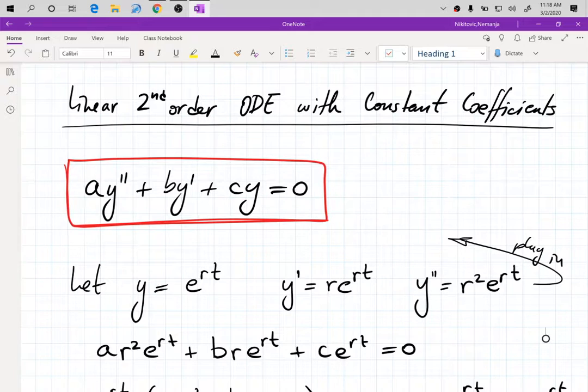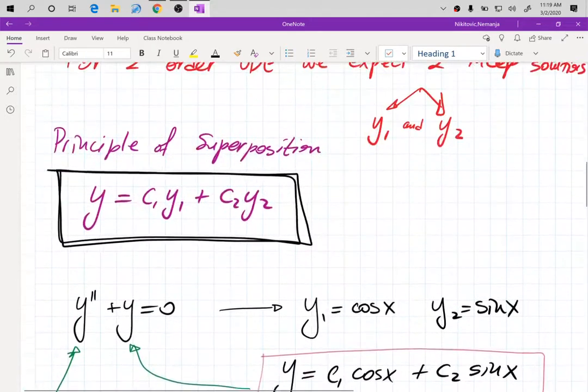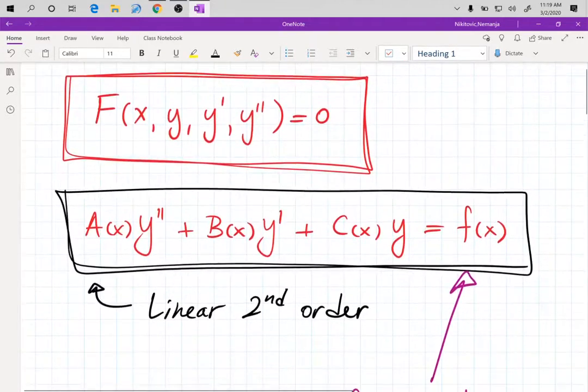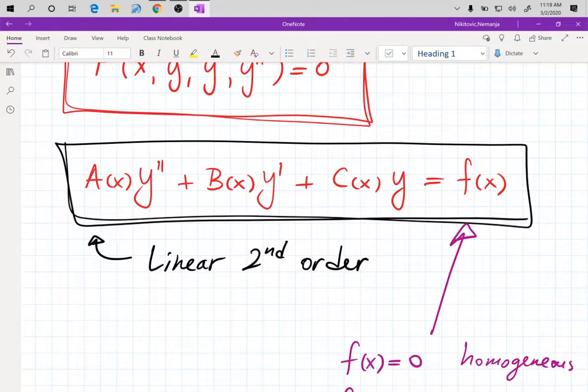We started talking about those equations with constant coefficients. The general form is that you can have any function. You see those capital A, B, C? Those are all functions.